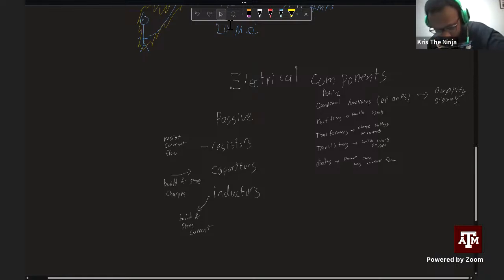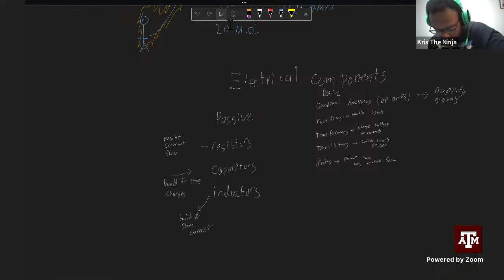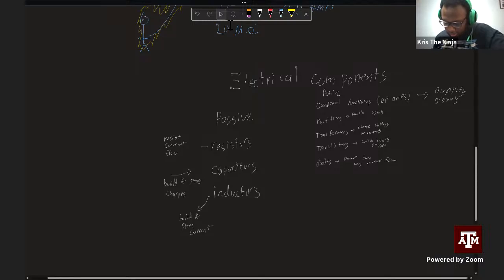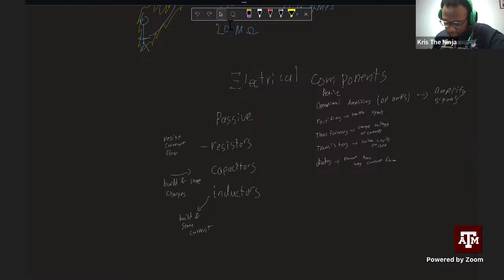What else? Then you might have a transistor connected here to control some light. So you have a transistor.